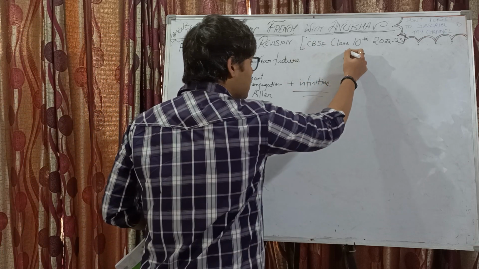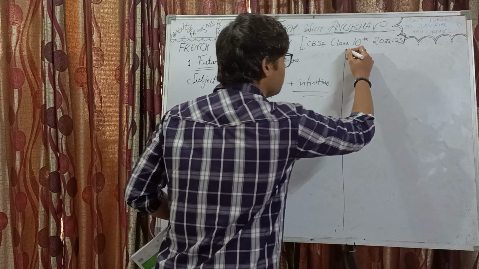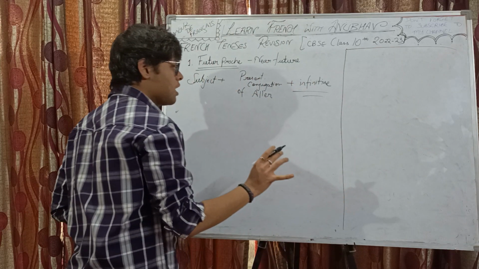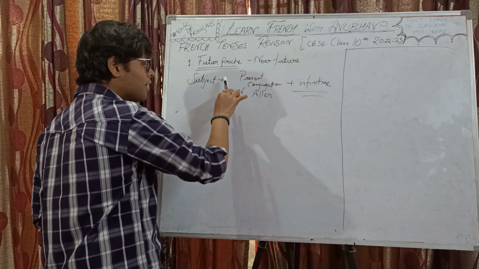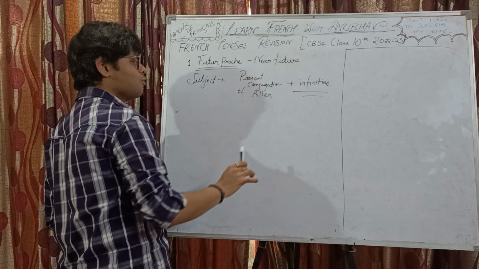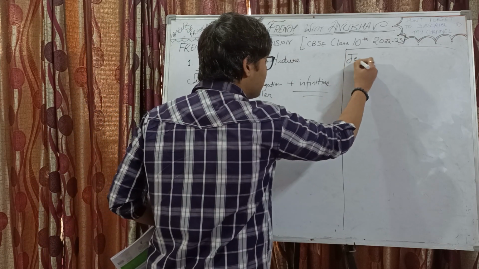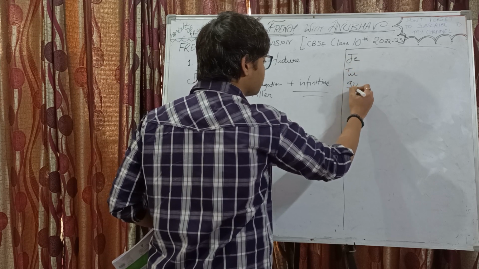I'm making a small section here because there are numerous tenses that we will be conjugating in this video itself. So quickly let's discuss the present tense conjugation of aller. First I'm writing all the subject pronouns here.